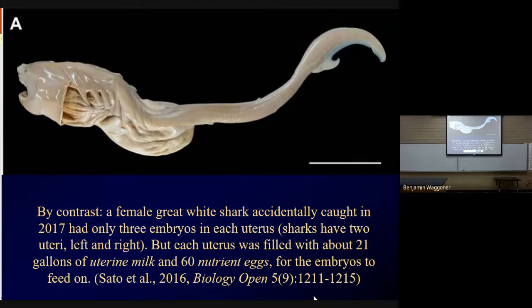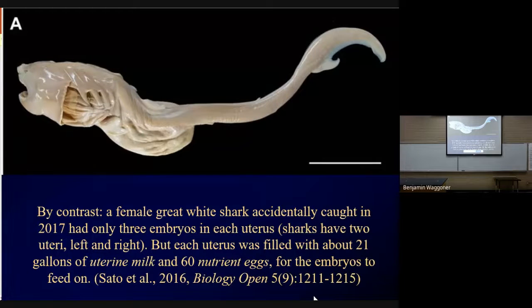But great white sharks feed their babies. First of all, they produce a lot more eggs than ever get fertilized, and most of the eggs end up as food for the embryonic sharks growing inside.